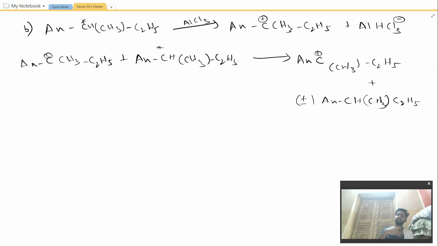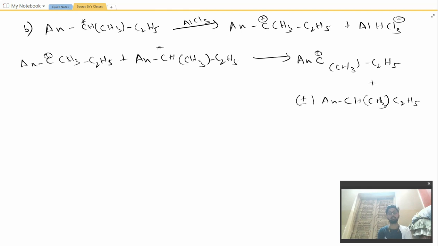Firstly, the chain is initiated by the formation of carbocation, and the hydride ion is taken by the AlCl3, forming AlHCl3 minus. Now the carbocation thus formed takes up a hydride ion from the next compound. The initial carbocation thus forms into a racemic mixture, or the racemic modification, and this chain goes on step by step as each molecule takes up the hydride ion from the next molecule.